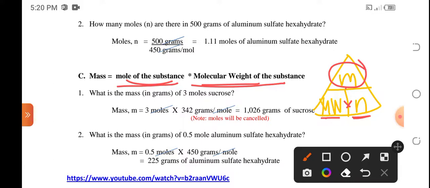Okay? So, what is the mass in grams of 3 moles of sucrose? So, okay, so 3 moles ang start natin. 3 moles ng sucrose multiplied to yung kaninang na-compute natin, 342 grams per mole.